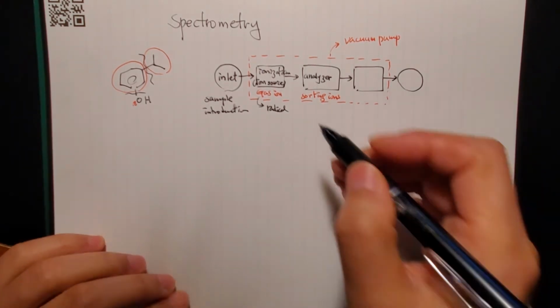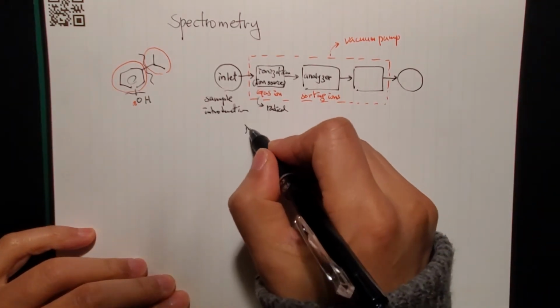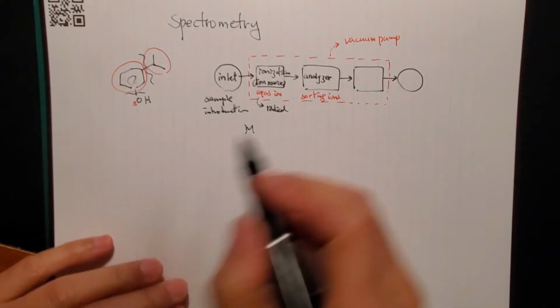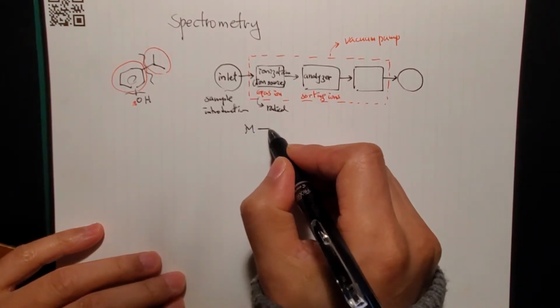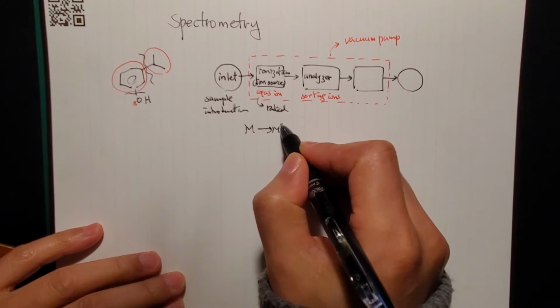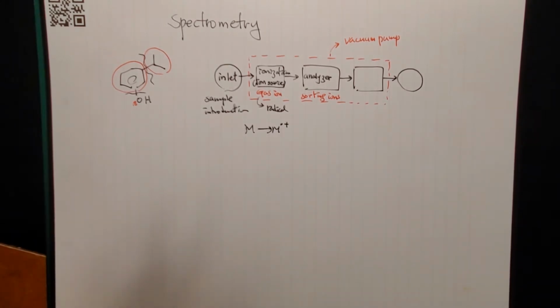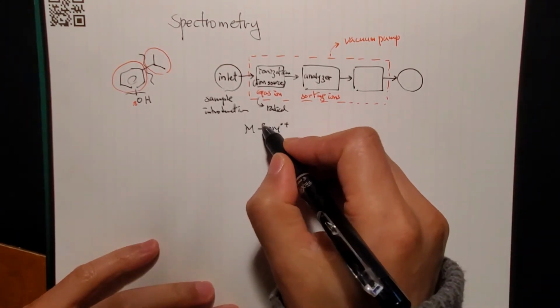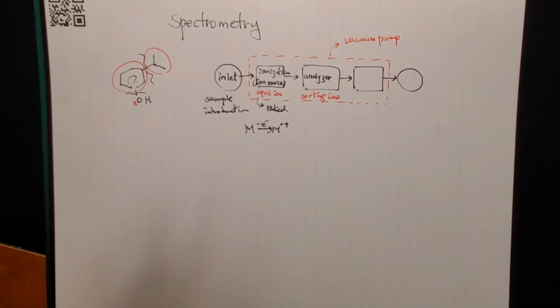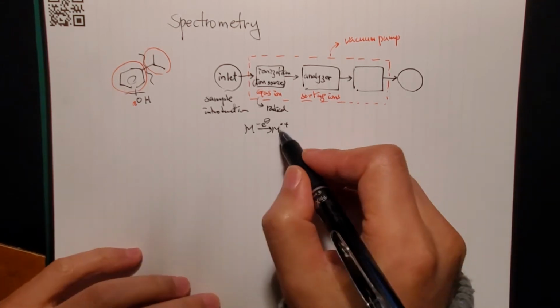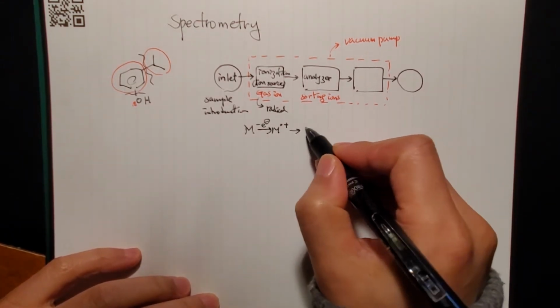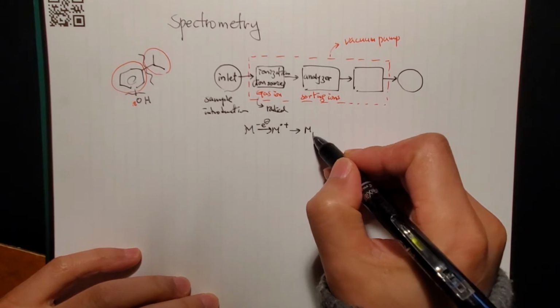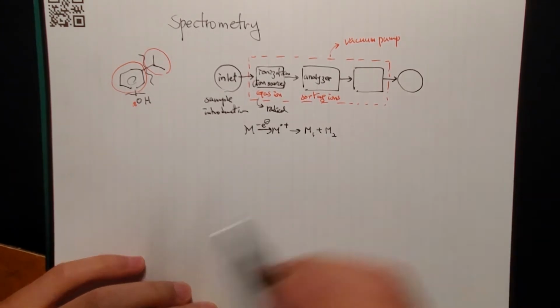So you start off with the whole molecule there, but after you ionize it, positive radical, after you lose an electron in various forms, then this will start to break down into a couple of pieces.